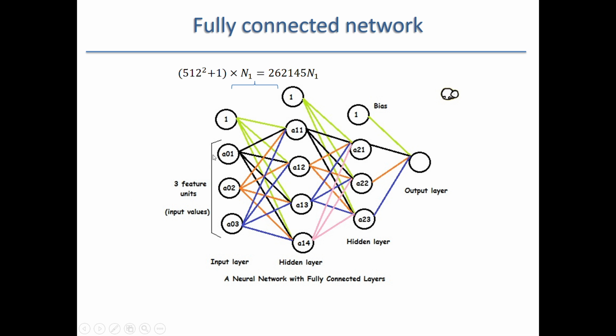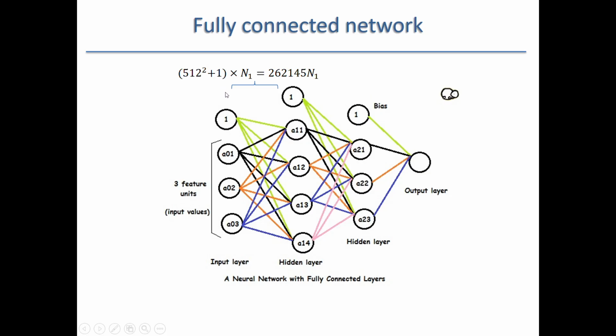Let's say the input is an image, and the image has a size of 512 pixels, so that is 512 squared, and then there is a bias, which is an extra input to the network. So it is 512 squared plus 1.